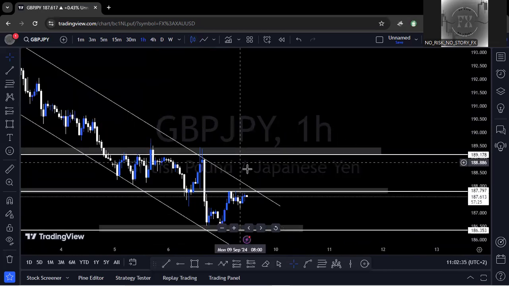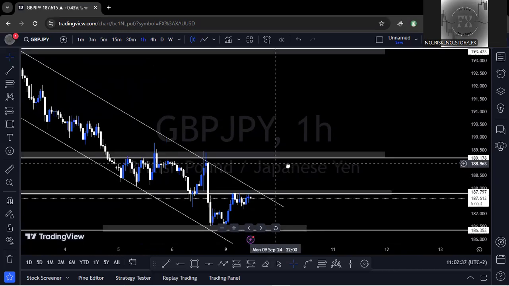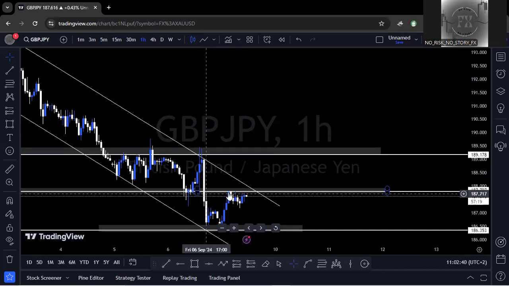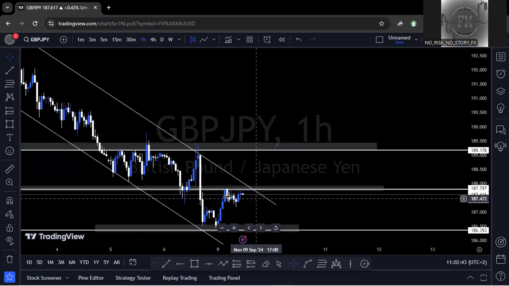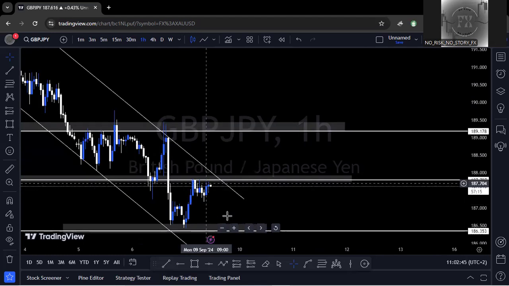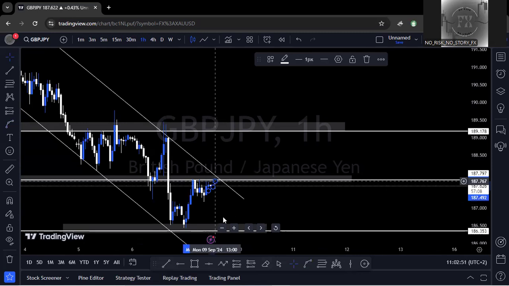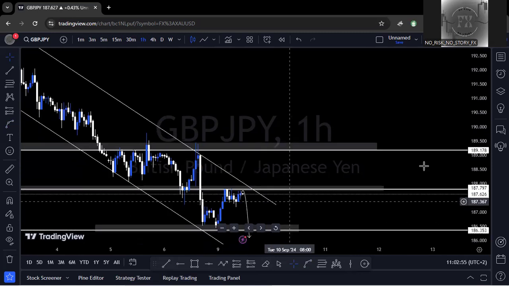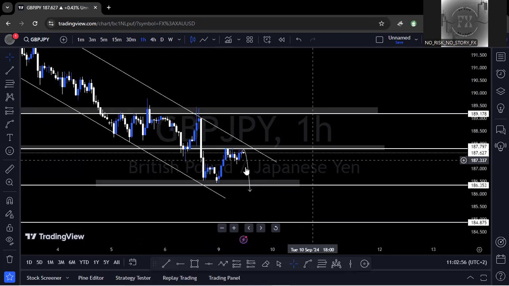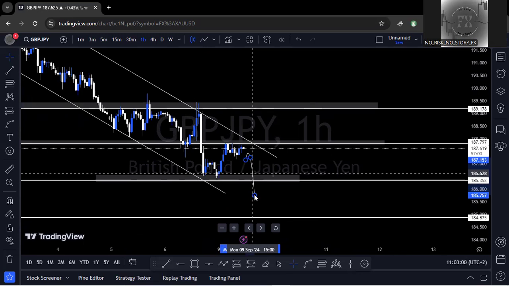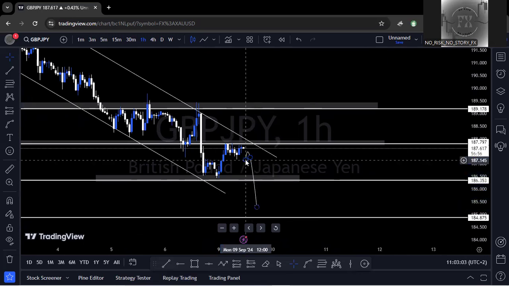So this is it for GBPJPY, right? We are currently at a newly formed resistance. The market can sell from this point going downwards to get enough momentum to break this newly formed support area, right?